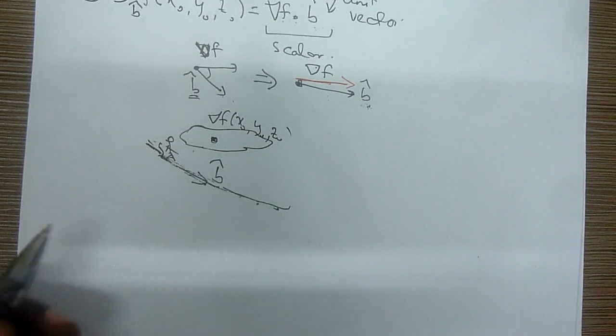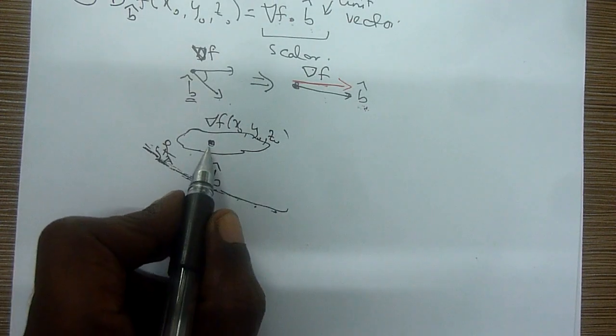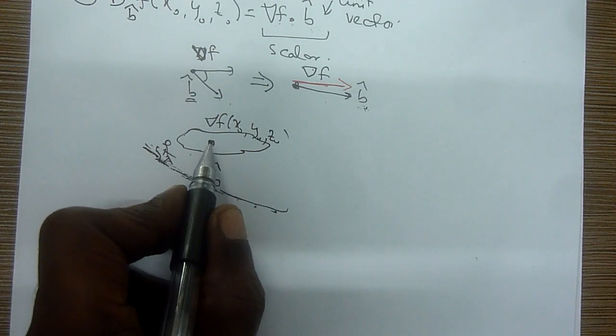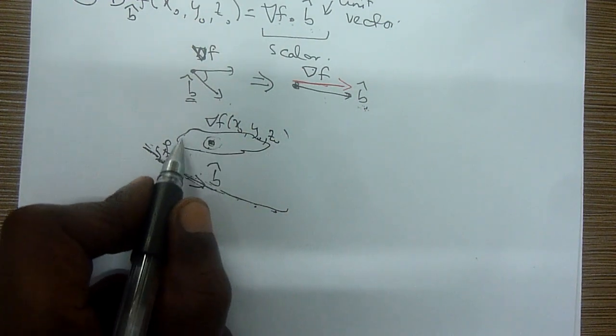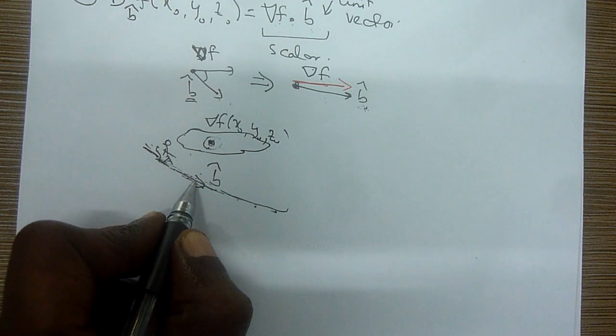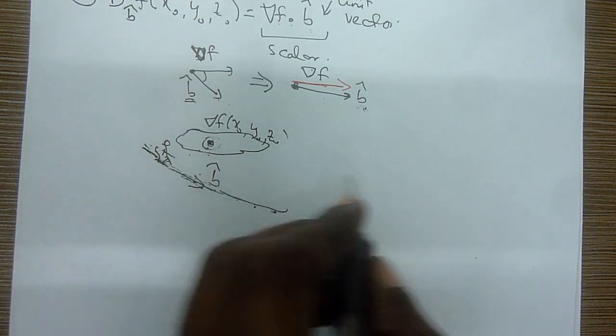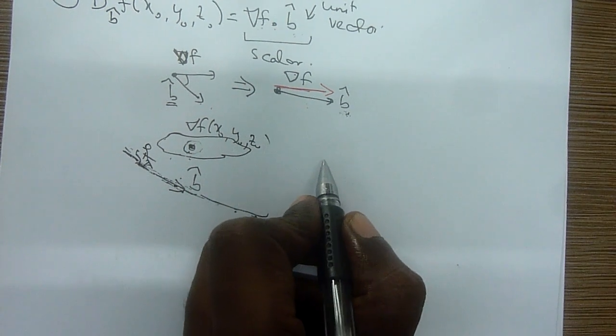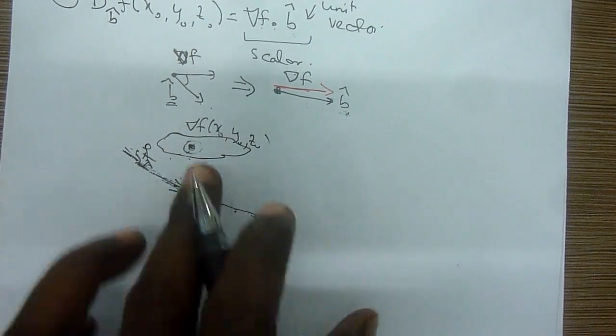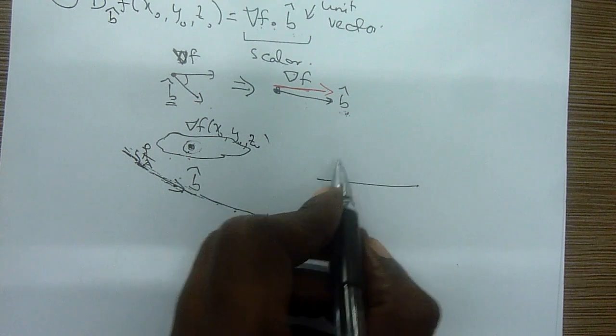I'm just choosing one of these points. Is it possible for me to calculate the impact of this f in this direction? Therefore, in another scale, maybe I sketch this in this way, it is easier.